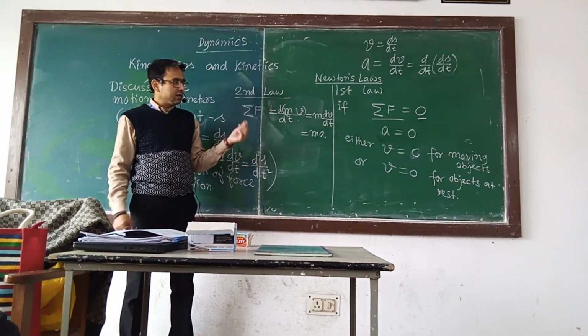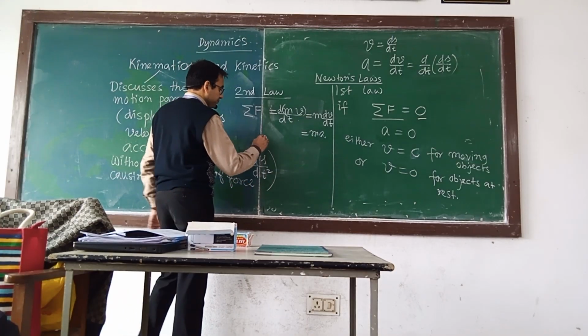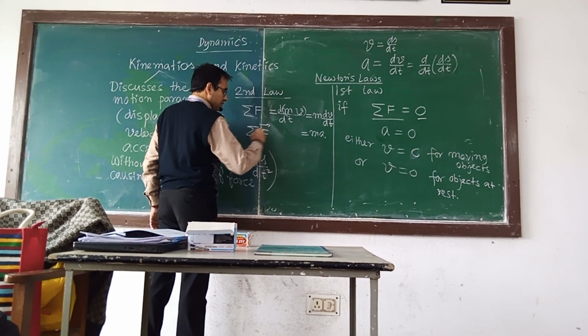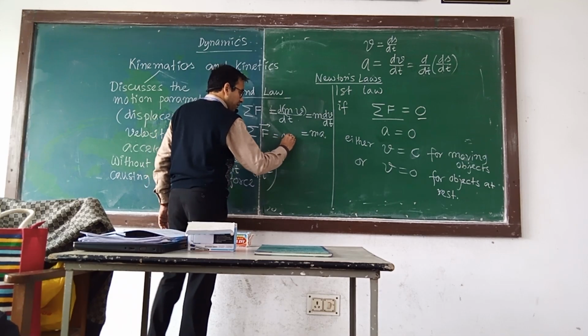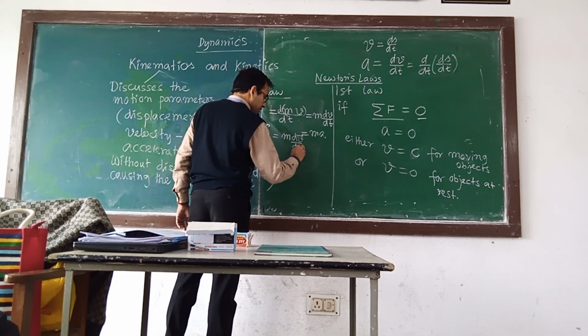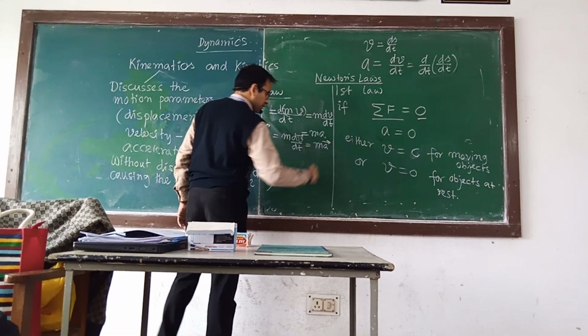Otherwise, if it is a vector, then we can write that F is equal to m dv/dt, or equal to m a.